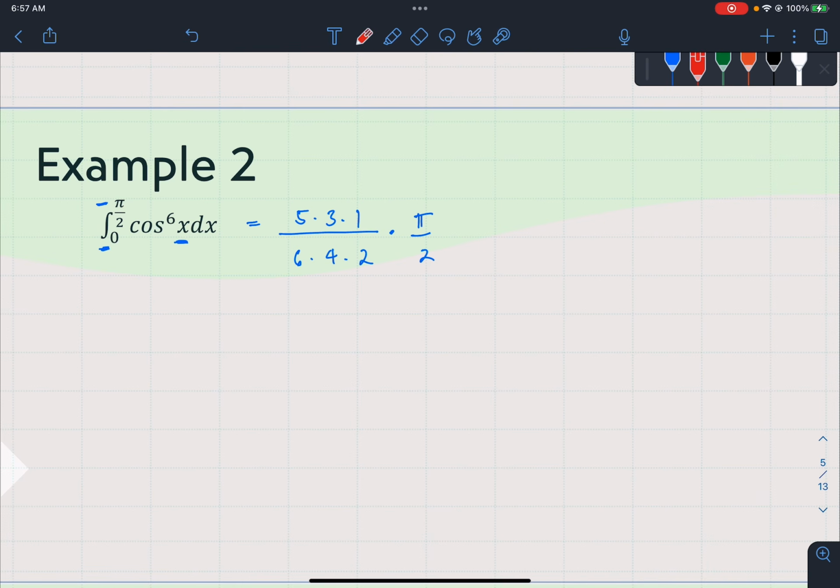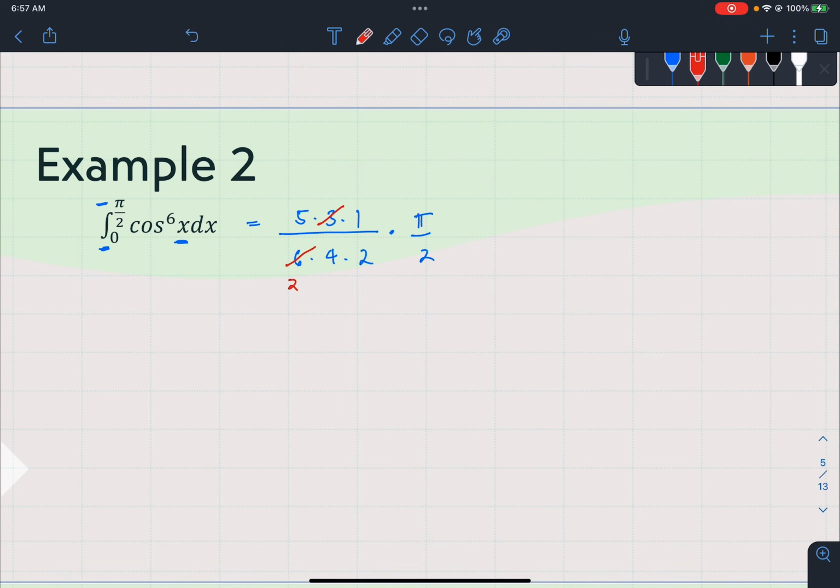And then we try to simplify it. Take the lowest term if it's possible, like for example, 3 and 6. 6 is divisible by 3, so that 3 over 6 is the same as 1/2.